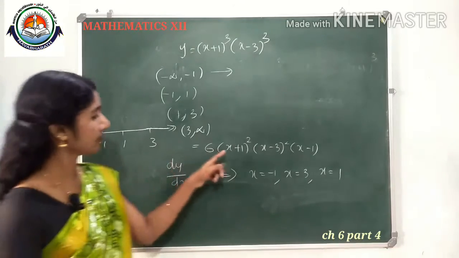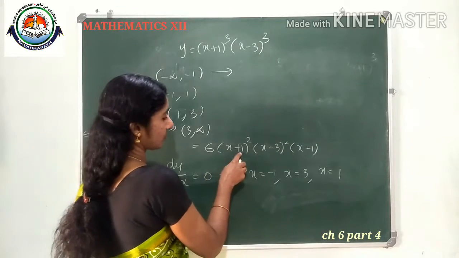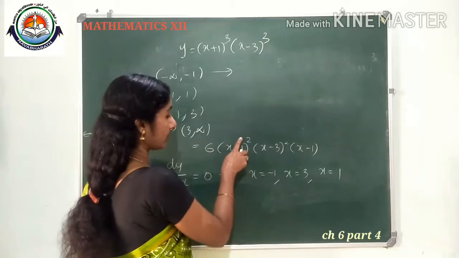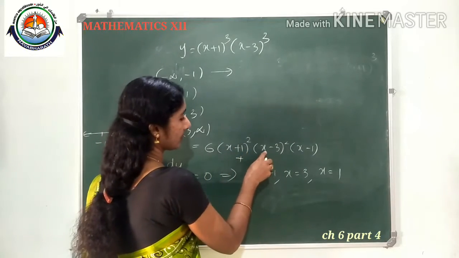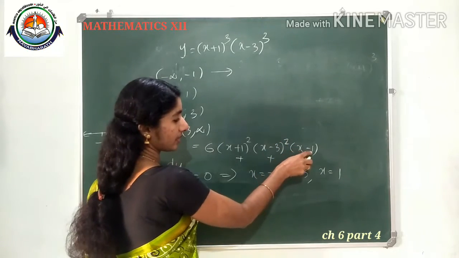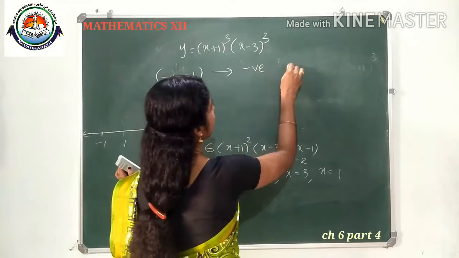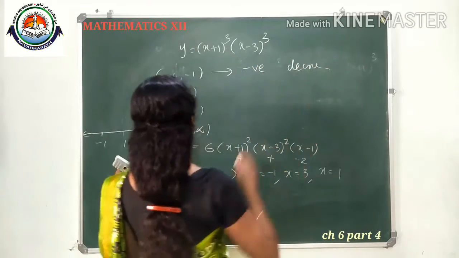When you give minus 2, what will come? Minus 2 plus 1 is negative, whole square is positive, so this is positive. Anyway, here the square is there, so this is positive. Minus 2 minus 1 is negative, so we are getting it as decreasing, strictly decreasing.